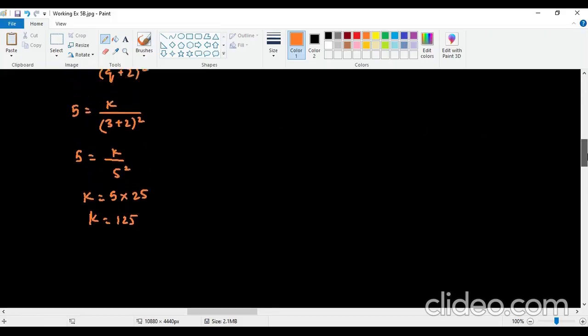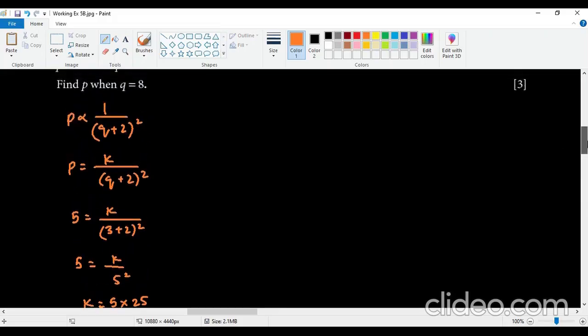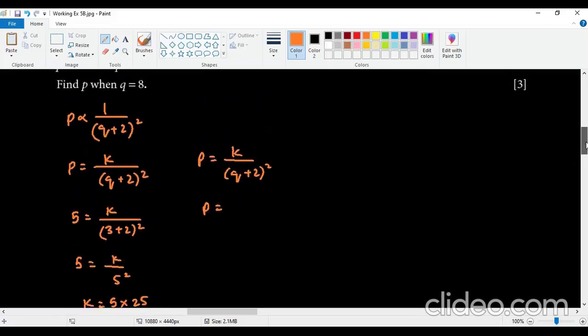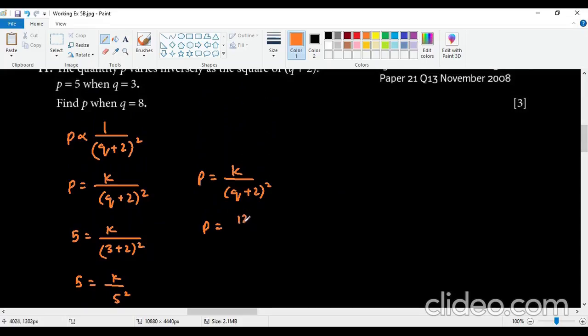Now, when I see this question, it says we need to find out the value of p when the formula is already given here, q plus 2 whole square. Now p is unknown, k is 125, while the value of q is given as 8 plus 2 whole square.